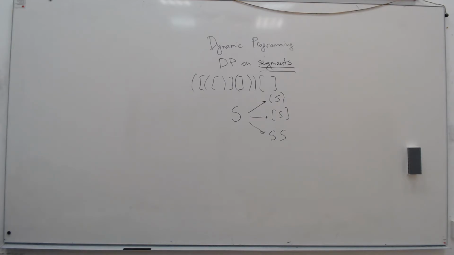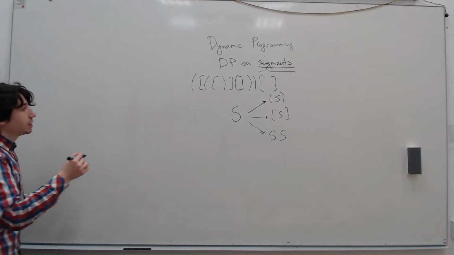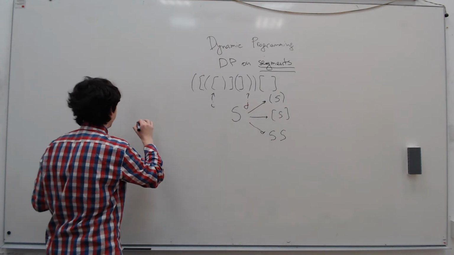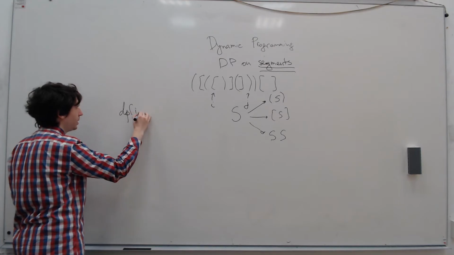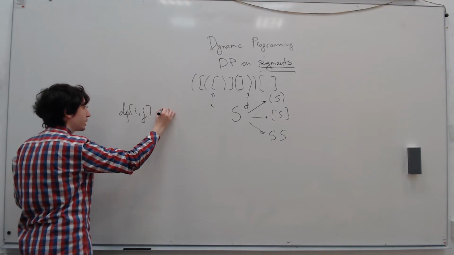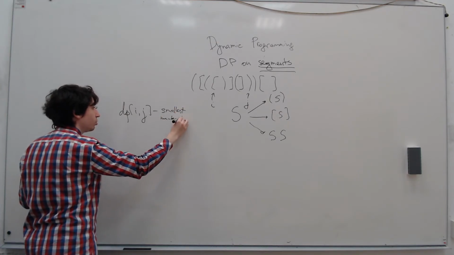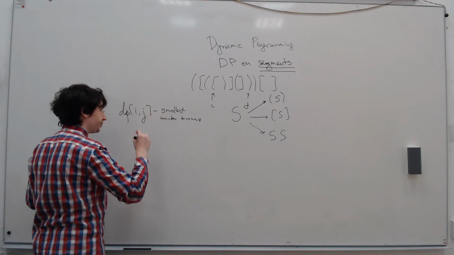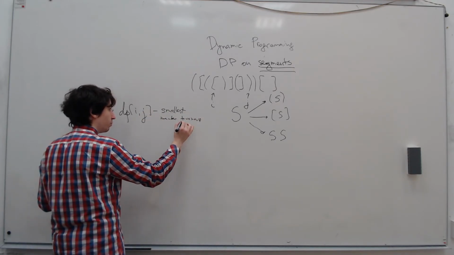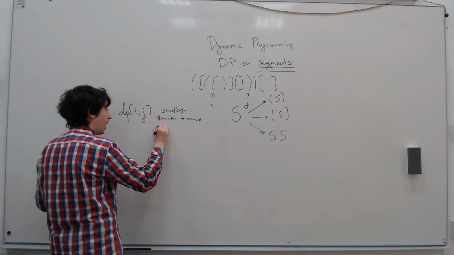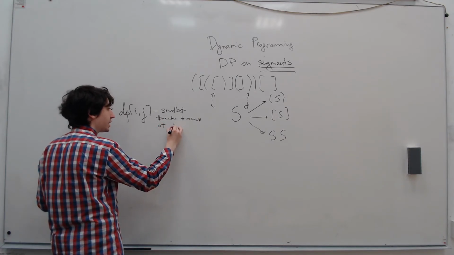You are almost right. The state is the segment, not a subsequence but a segment. So the state is from i to j, dp[i][j]: what is the smallest number of brackets to remove at S[i..j].